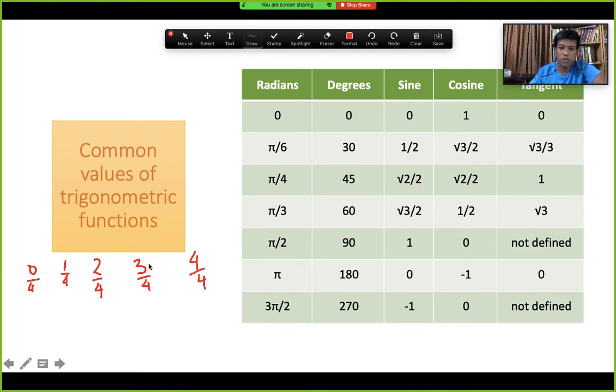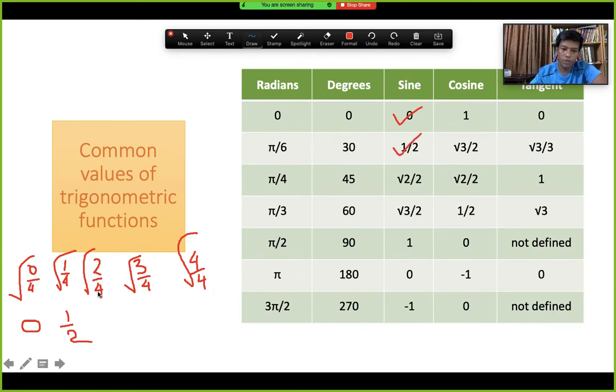And then take the square root of all of them. Square root of this, square root of this, square root of this, square root of this, square root of this. Voila, you got the answer. This is 0, which is this value. Root of 1 by 4 means 1 by 2, which is this value.